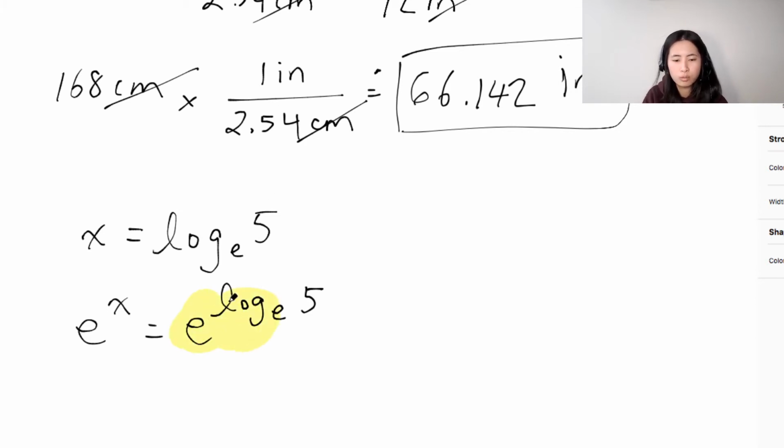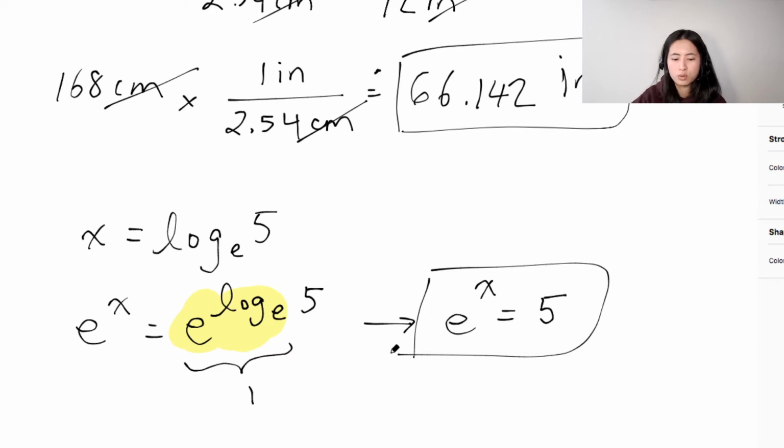So this would give you just 1, right? And according to logarithmic rules, because this has the same base as this, you can actually bring down the 5. And hence, you're seeing that this is now e raised to the power of x, and this is equal to 5. Because the rule here is we know that this is 1, so you bring down the 5. 5 times 1 would give you 5. So that's why it's e raised to the power of x, which is equal to 5.